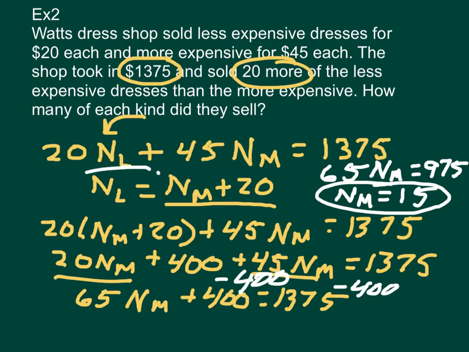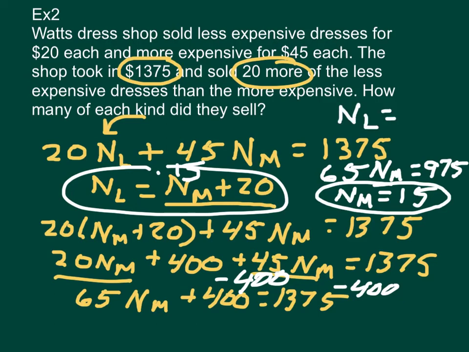Now how can I figure out the less expensive, the N_L? The answer is right there: N_M, which is 15, plus 20. So the number of less expensive would be 15 plus 20, which is 35. So 35 were less expensive. Now, it's easy to check.